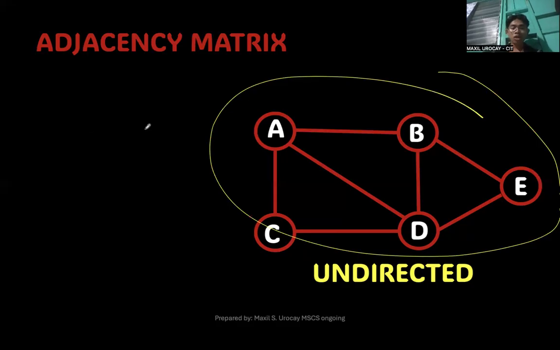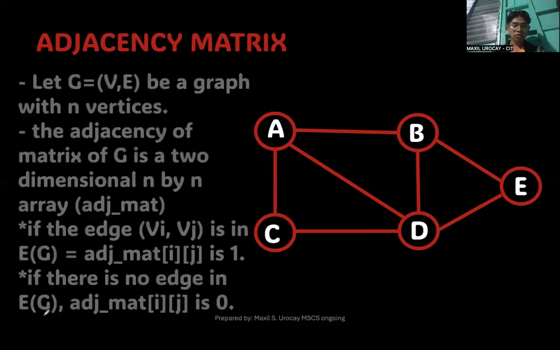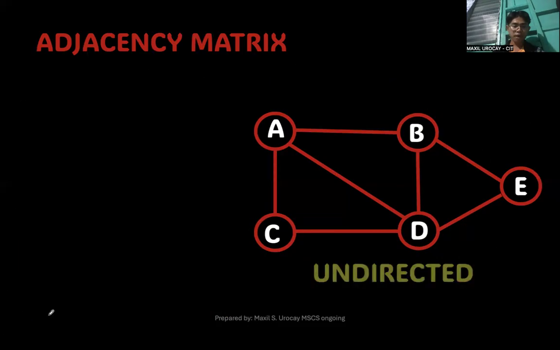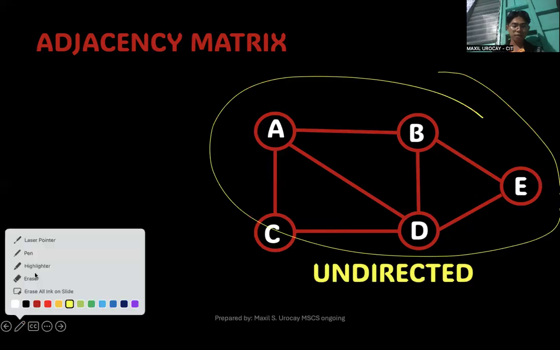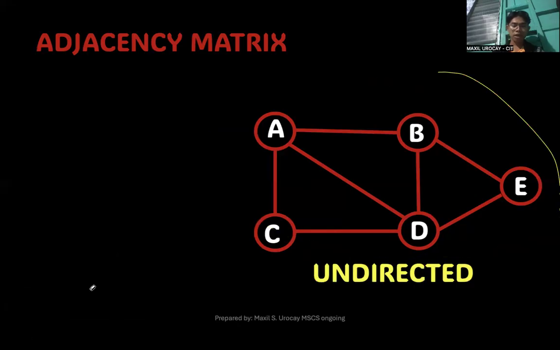As I mentioned, your adjacency matrix is n by n. So let's first define the rows and the columns of your matrix. You have here letter A, letter B, letter C, D, as well as E, right?